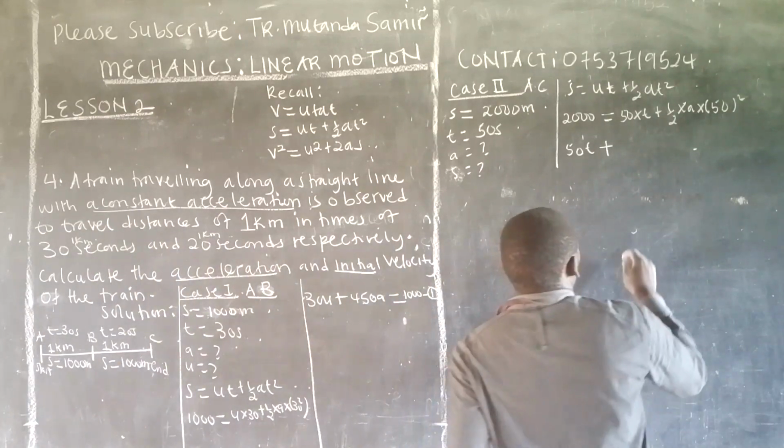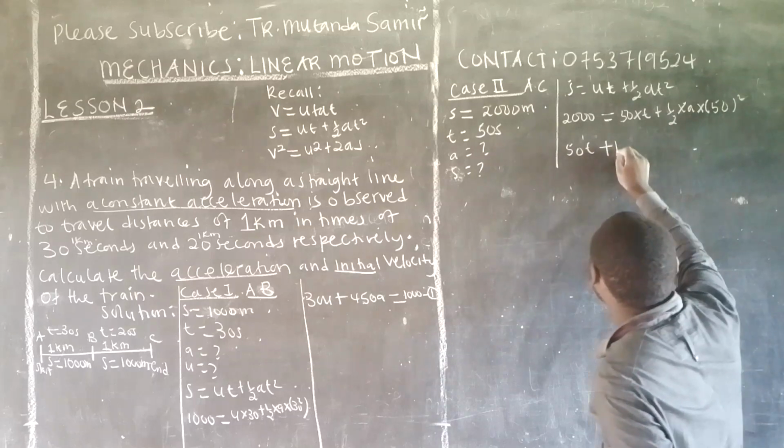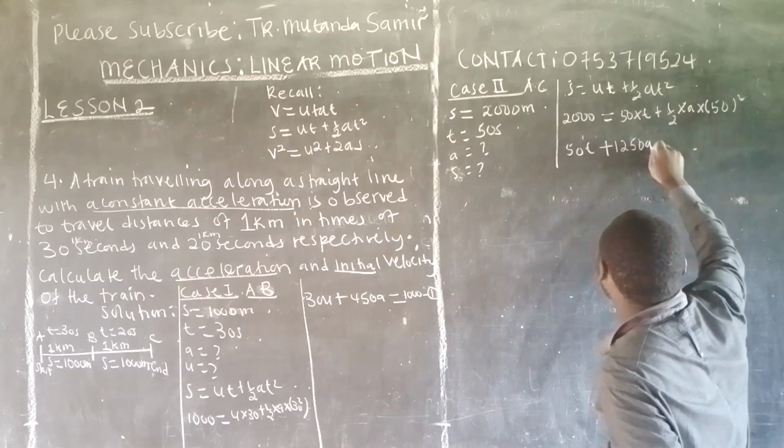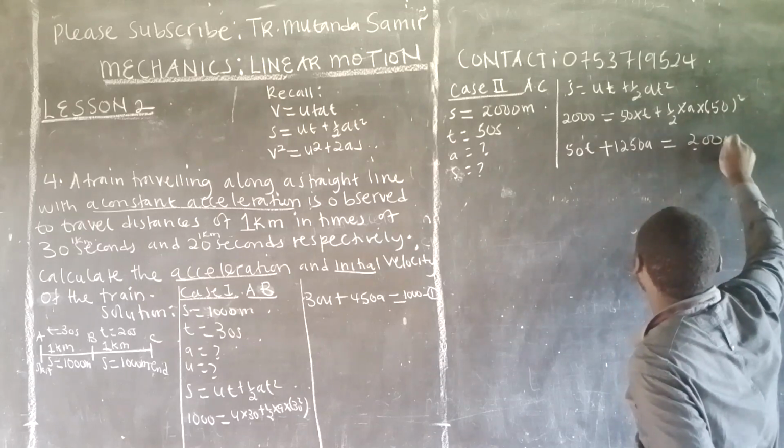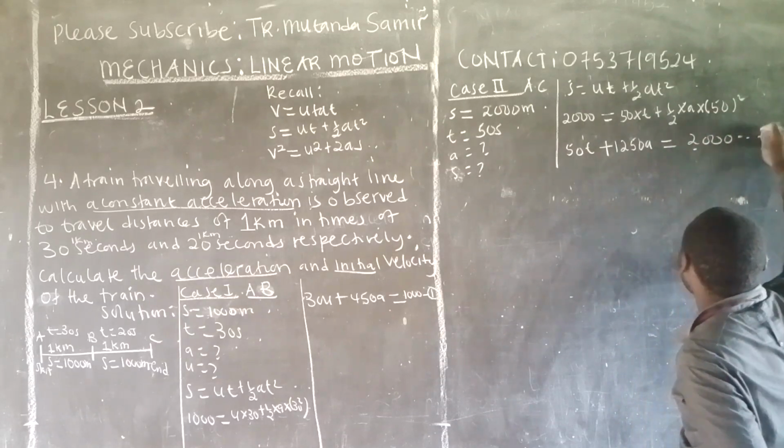So it'll give us 2,500, but divide by 2 will now give us 1250A. Please square this, divide by 2 to give 1250A is equal to 2,000. And this is now our equation number 2.